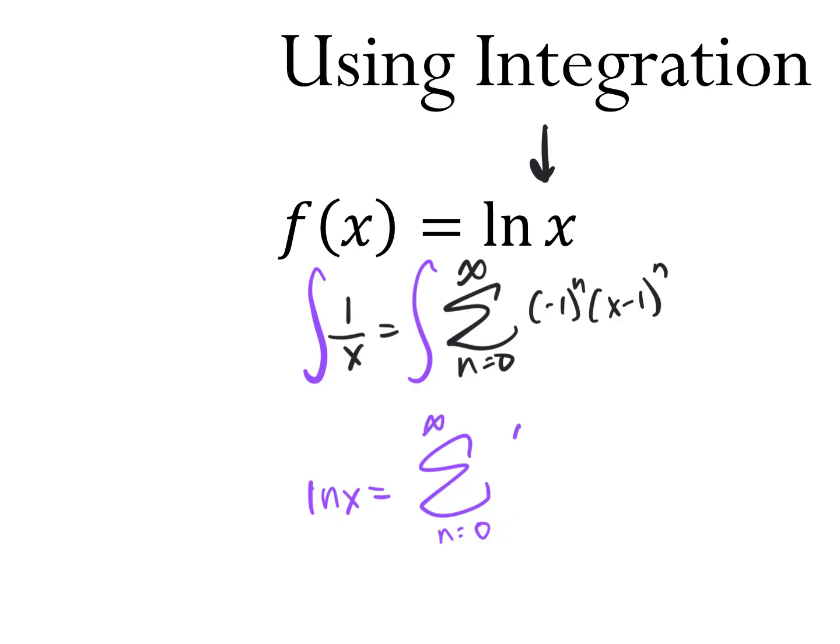Well, for each term, it's still going to be alternating. Then the integral of x minus 1 to the n would be x minus 1 to the n plus 1 over n plus 1.